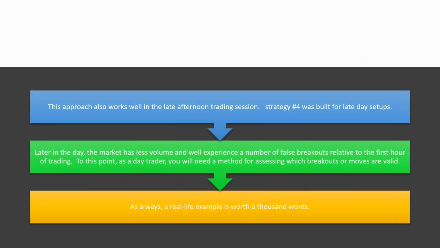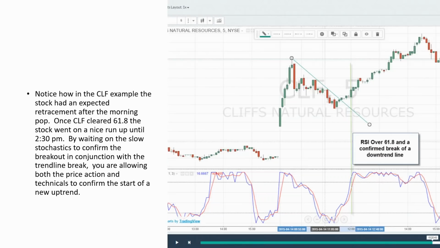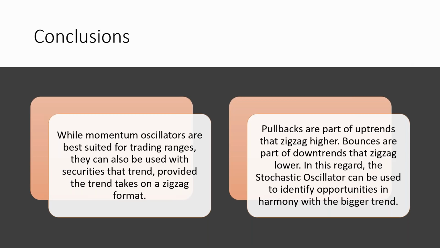So while momentum oscillators are best suited for trading ranges, they can also be used with securities that trend, provided the trend takes on a zigzag format. Pullbacks are part of an uptrend that zigs higher. Bounces are part of a downtrend that zigs lower.